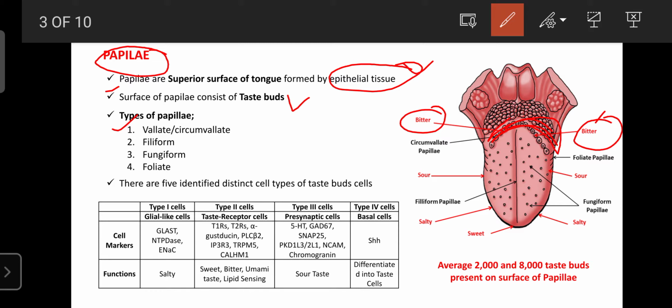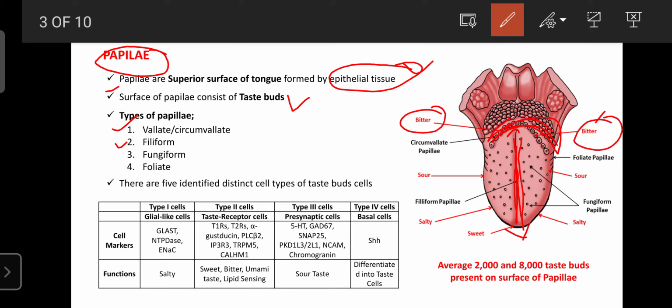The next one is the filiform. This is at the exact center of the tongue. That is the location of the filiform papillae. They are thin, long papillae with pointed ends. They are numerous, present exactly in the center of the tongue.